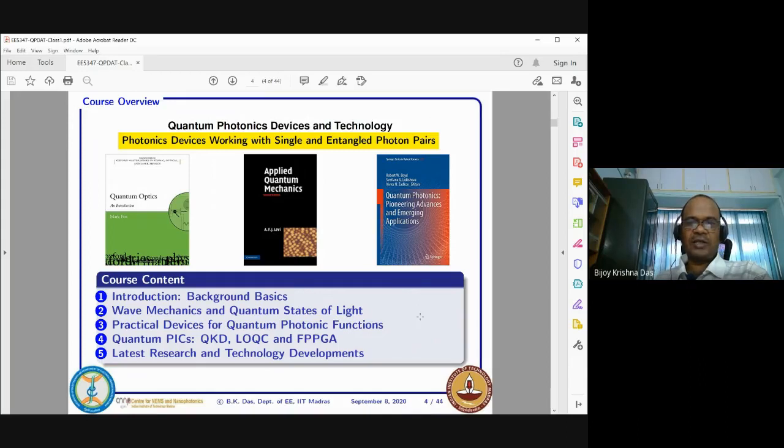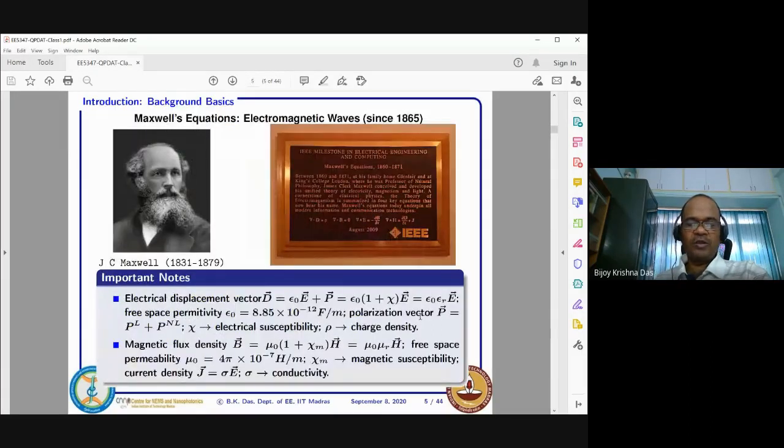So to understand classical things, I think you should have classical knowledge also. The classical knowledge means light. Light is an electromagnetic wave, you know. Today I will be giving some kind of recap. Most of you know about Maxwell's equations, light waves, electromagnetic waves.